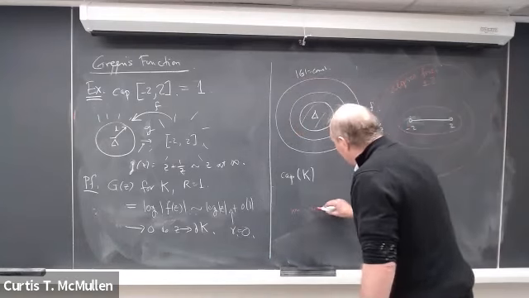We write it as the intersection of sets Kn, where K1 contains K2, contains, etc. And each of these Ki's are Jordan domains, or finite unions of Jordan domains, so finitely many topological disks. And then we define the capacity of K to be the limit of the capacity of Kn. It's easy to show that this is a decreasing sequence, and therefore the limit exists.